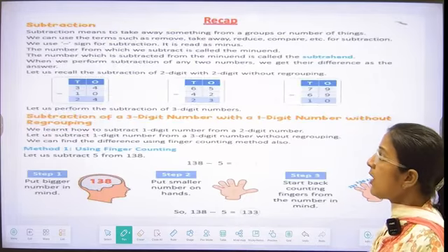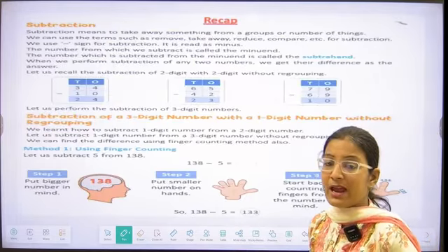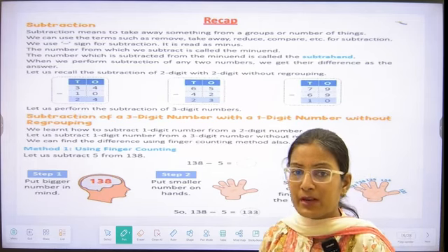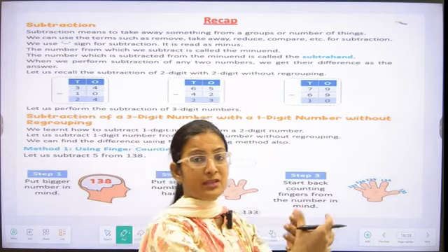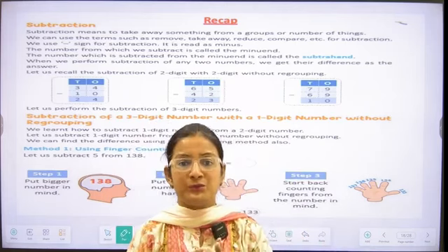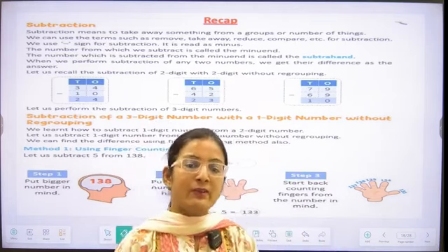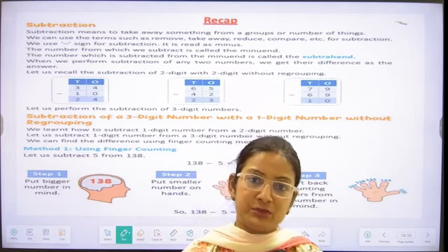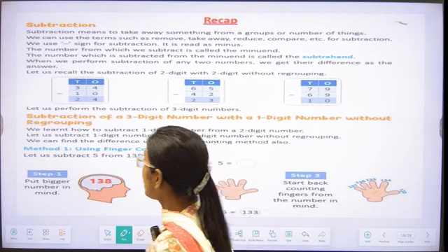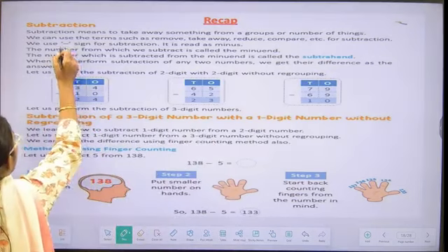So students, first what we are going to understand is, what is subtraction? Whenever we are taking away something from a bigger object, we are going to do the subtraction, students. The sign of subtraction is the minus sign.